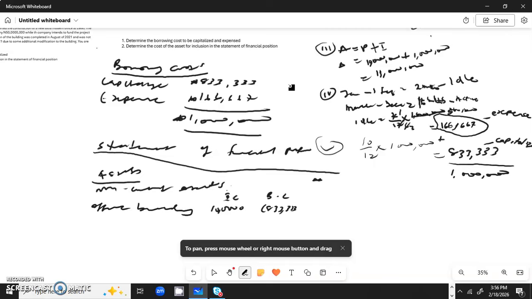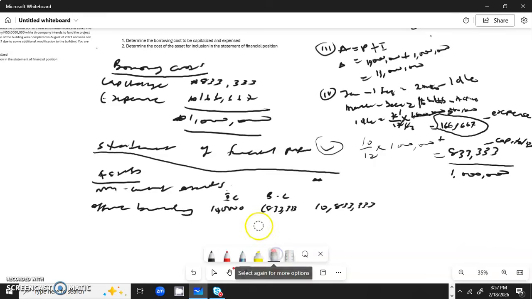So that will give us 10,833,333 as the cost to be capitalized. So the cost that we're going to capitalize is 10,833,000.